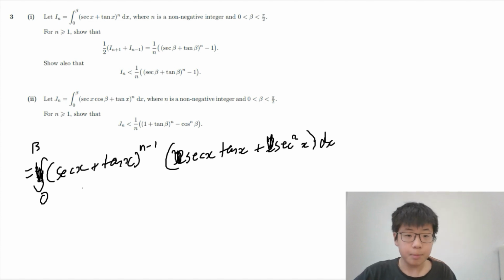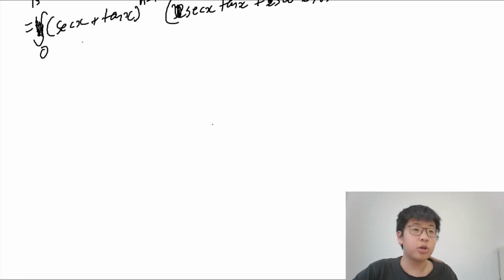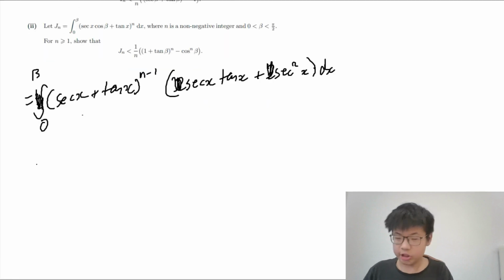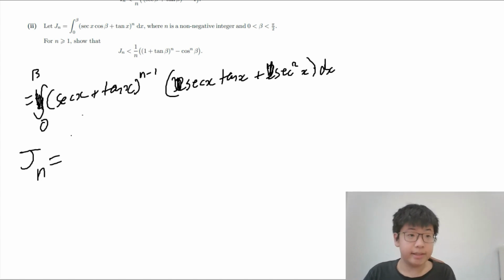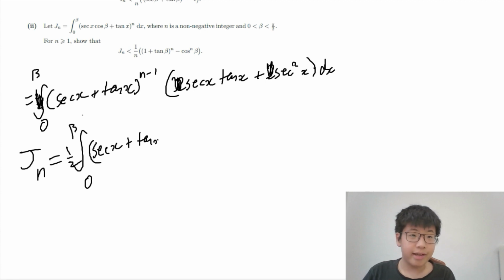Now, how do we do this? So we put the sec x cos beta, and the cos beta is just a coefficient. So J_n, we can safely take it to be the integral from 0 to beta of, actually half, (sec x + tan x)^{n-1}.